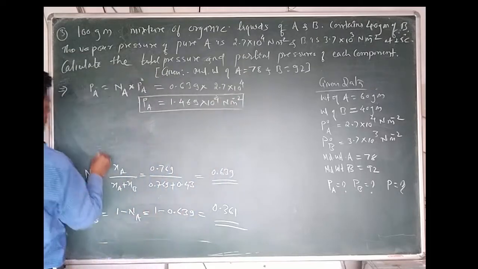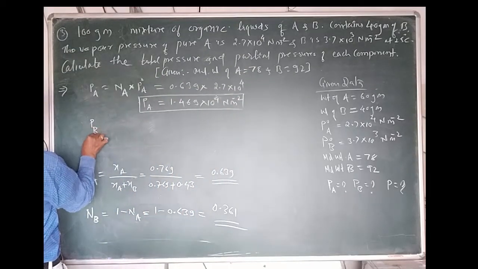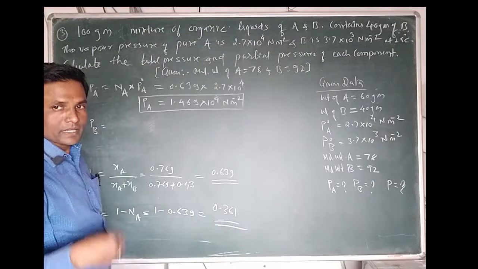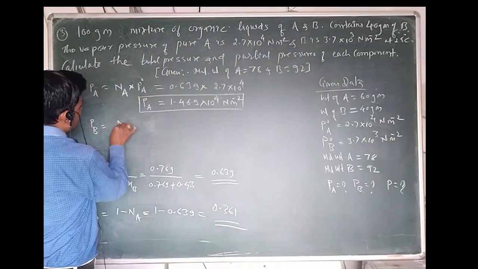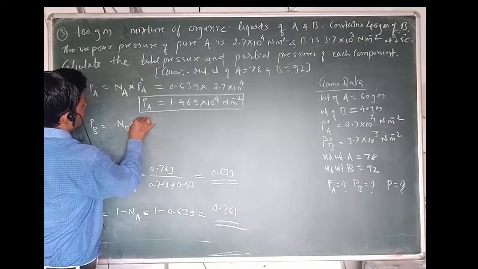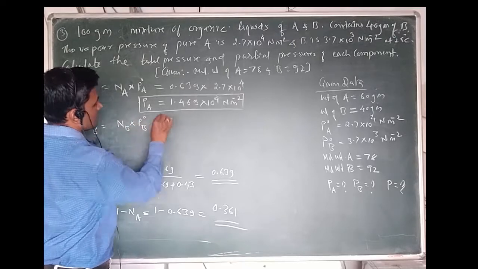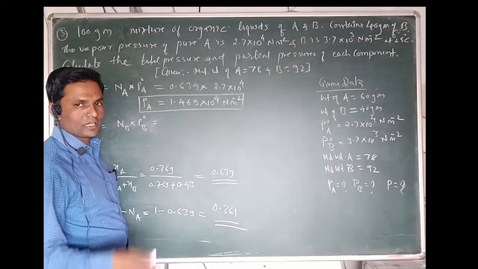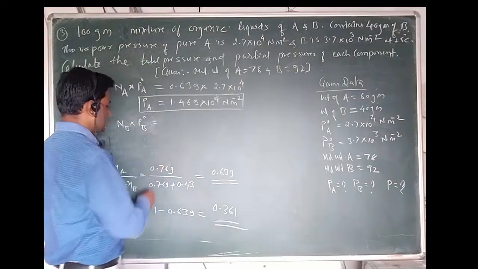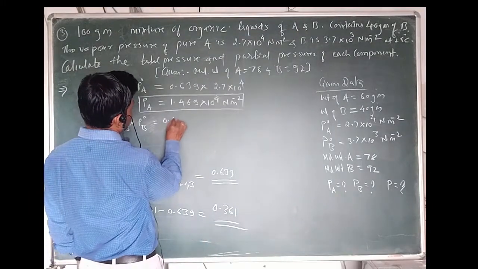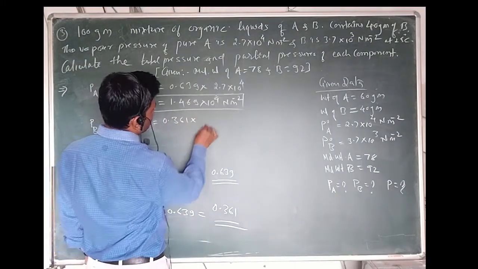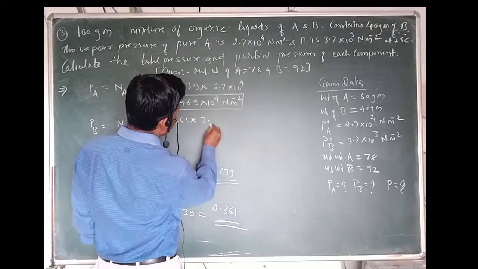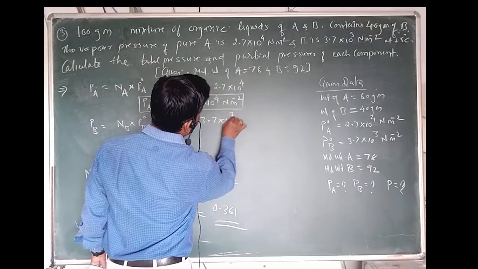What do we have to calculate again? PB, the partial vapor pressure of the B component. That can be calculated as NB into P0B, the pure vapor pressure of component B. So we write NB, 0.361, into P0B, 3.7 into 10 raised to 3.